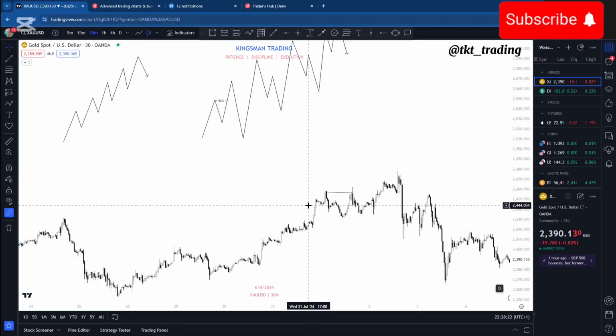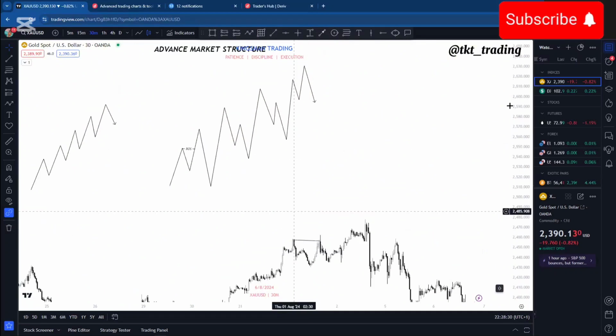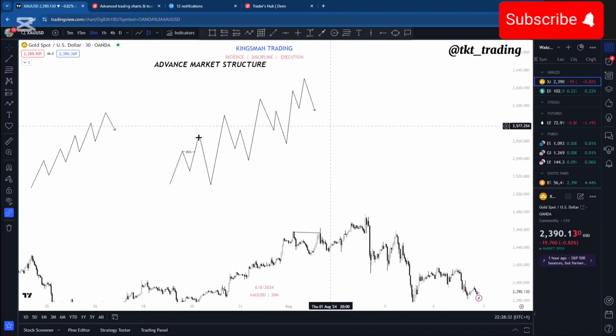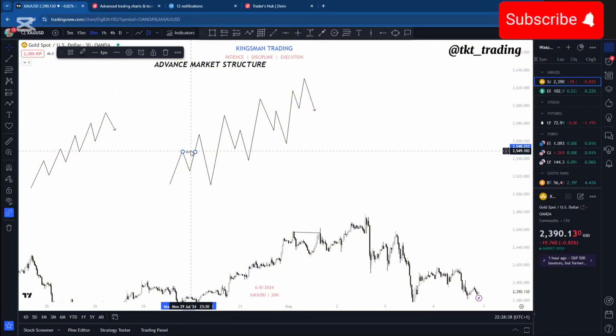Unfortunately, this is not a liquidity class, but for advanced market structure, you need to know this major price movement. So, just like I said, every high and low contains liquidity. Right here, we have a break of structure. Let me clone this.